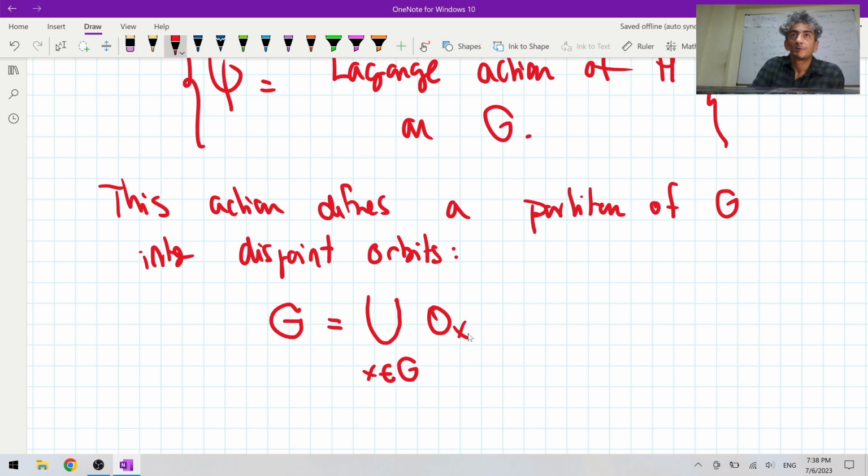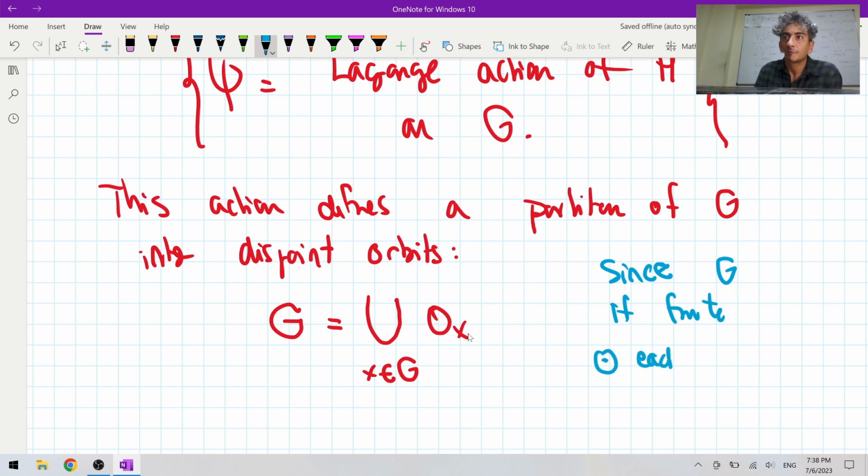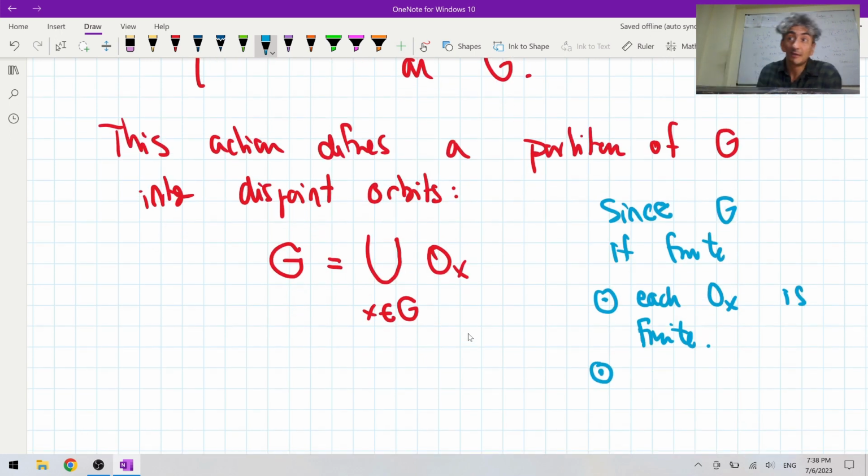Now, since G is finite, each orbit is finite, each OX is finite, and also there are finitely many classes.